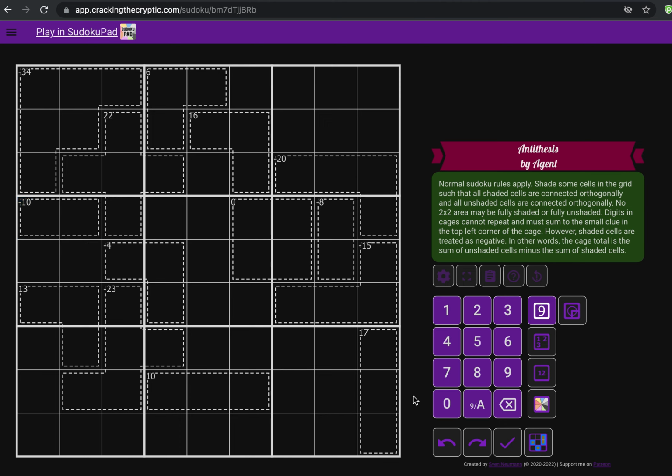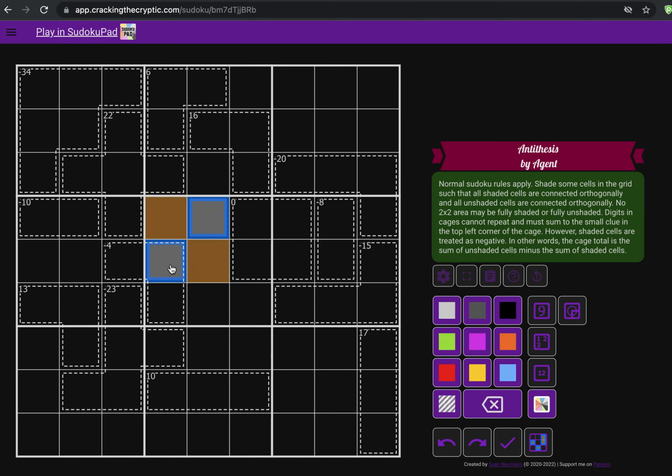And a couple of corollaries to the yin-yang constraint. If we've got this pattern, why does that break the yin-yang constraint?